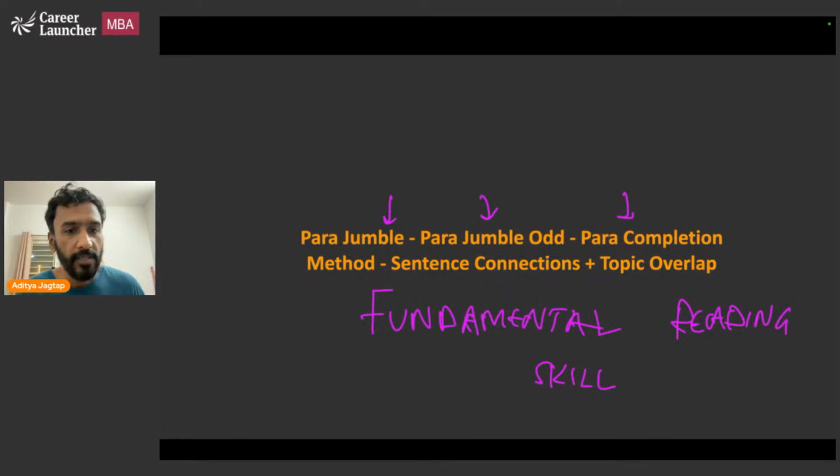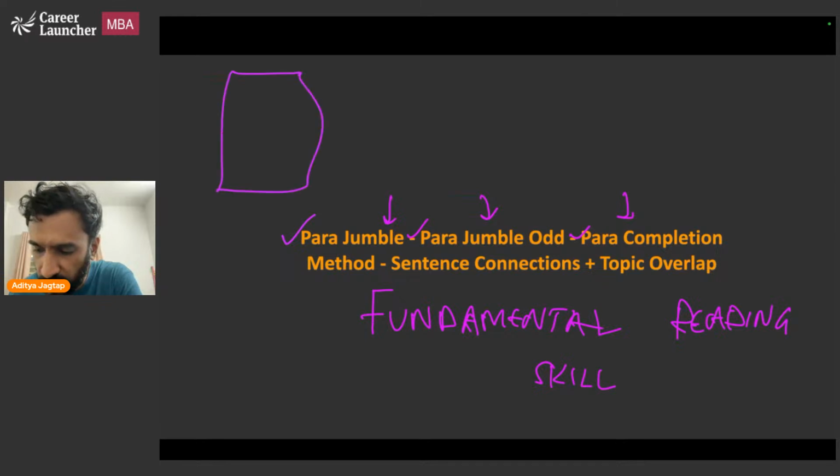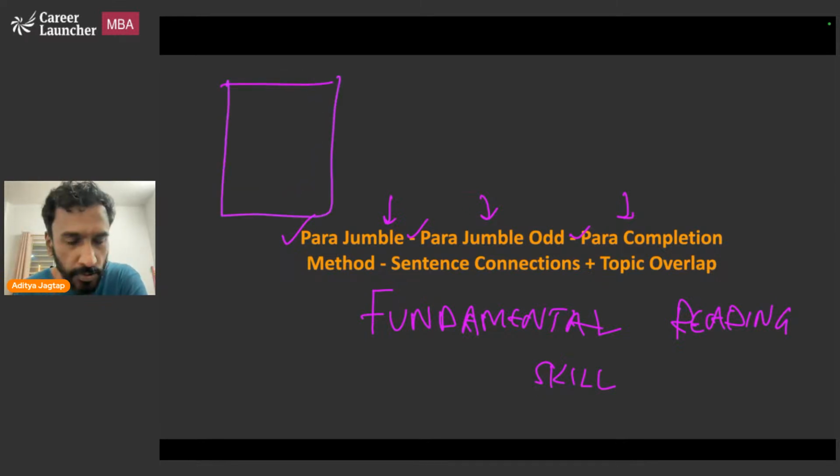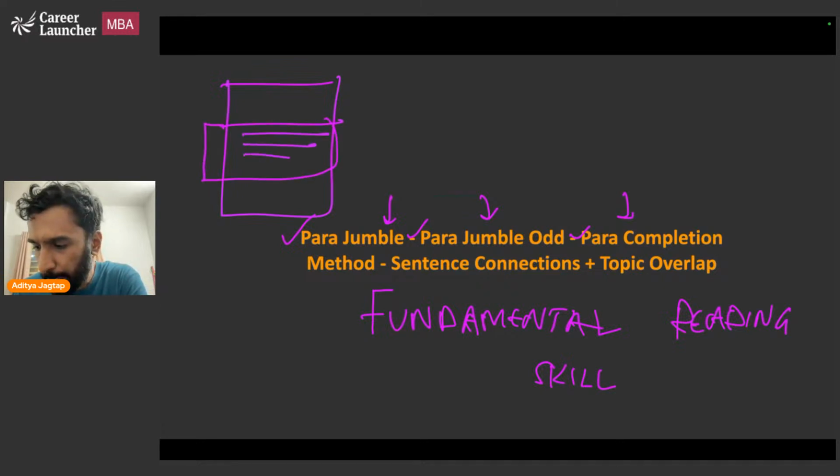Now with the parajumble, odd one out, or paracompletion question, what we have to do is they take this information for these three question types from a longer passage or some longer set of information usually, right? One paragraph from this information is chosen.